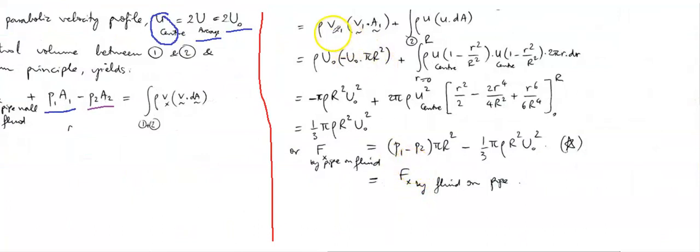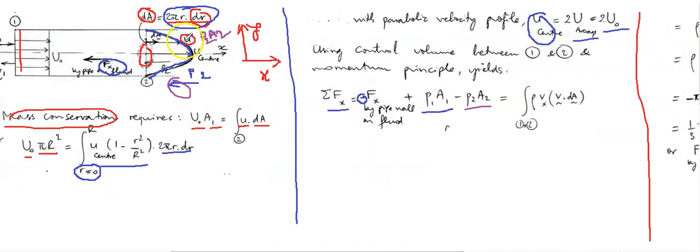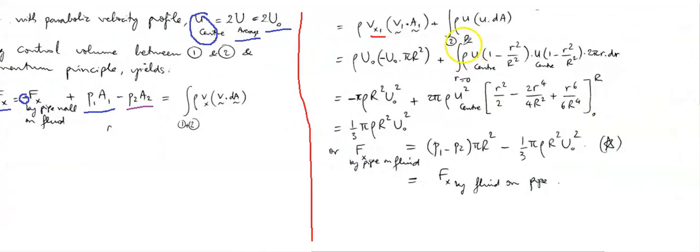So this is Vx1, the velocity for section 1, V1, and the area A1. But for section 2, definitely we need to do some integration. So this is rho, the velocity is u given, and the area is dA. So you see u and u dot dA.